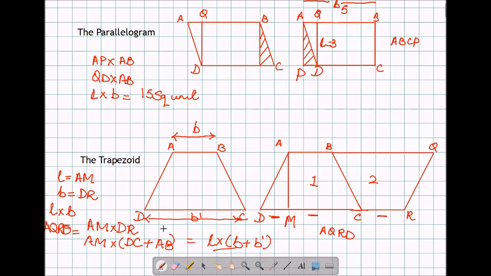Now still remember, we are still talking about the parallelogram. So when it comes to a trapezoid, this parallelogram is made up of two trapezoids, 1 and 2, which are of the same equal area.